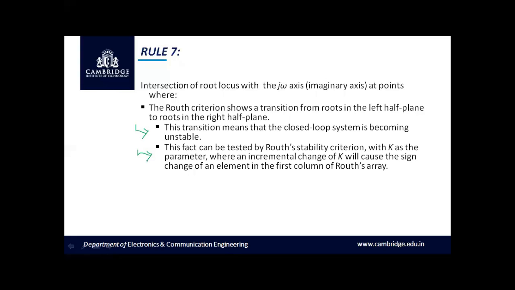Once after generating the Routh array, we have to find the range of k. Once after finding the range of k, we can exactly find k margin at which the system is becoming marginally stable. And once after reaching k margin, an incremental value of k which has been specified here.